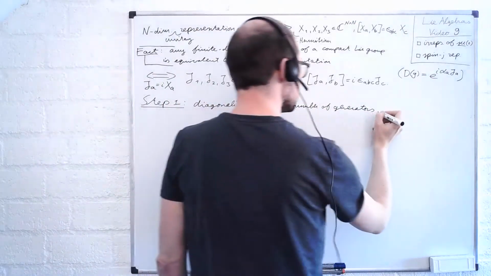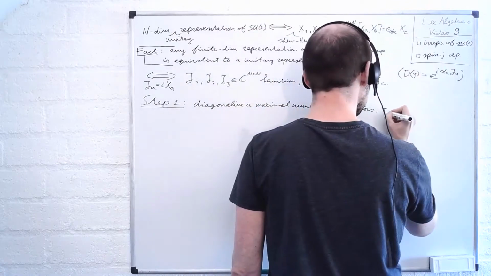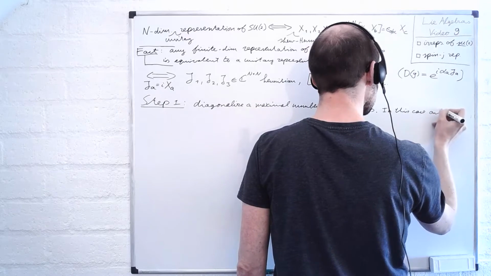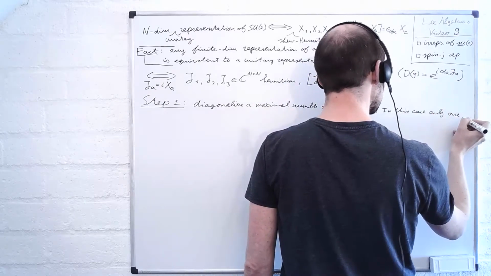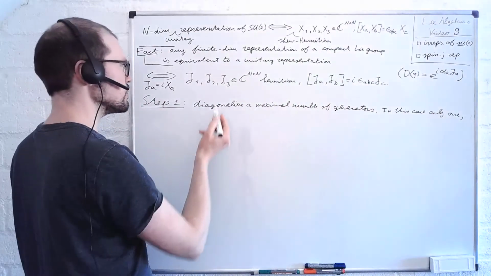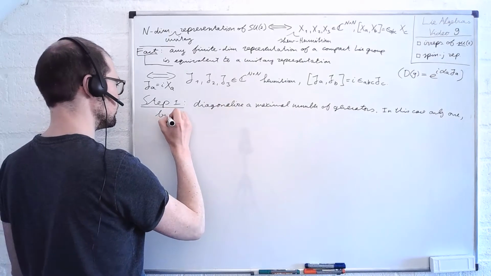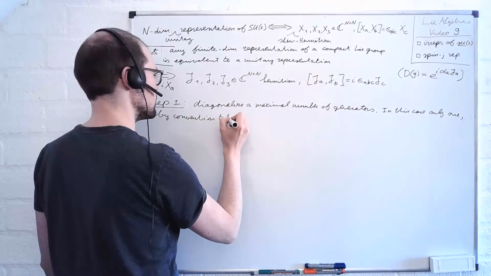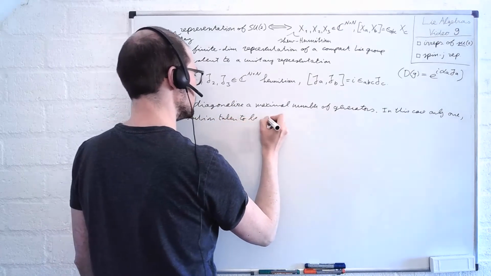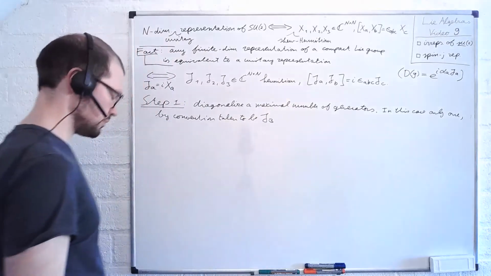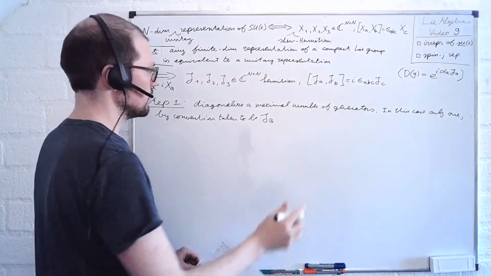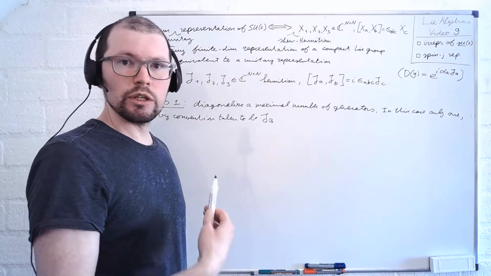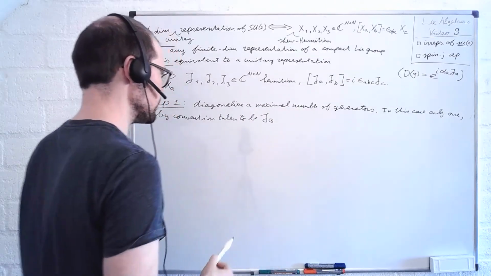In this case, we can only choose one, which by convention we take to be J3. Right, since J1 and J2 are not going to commute with J3, we cannot diagonalize them as well.